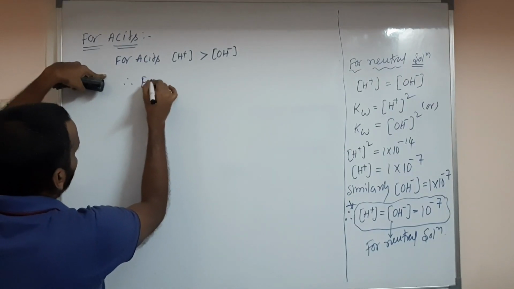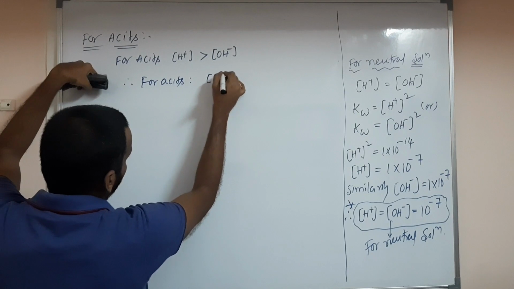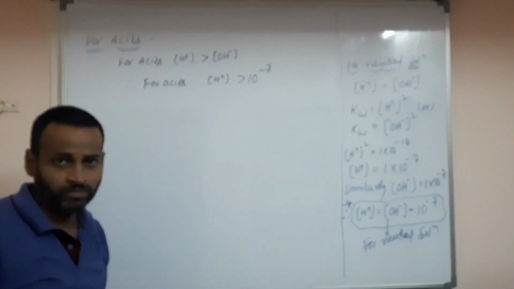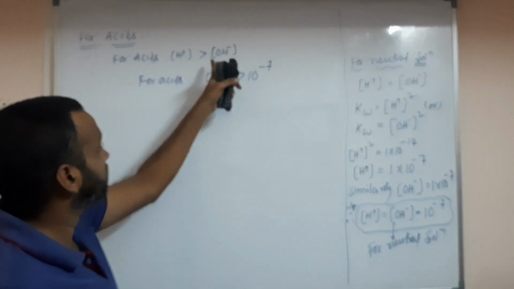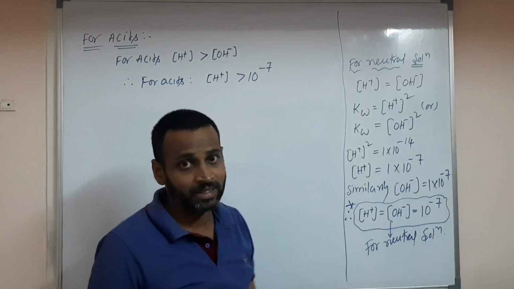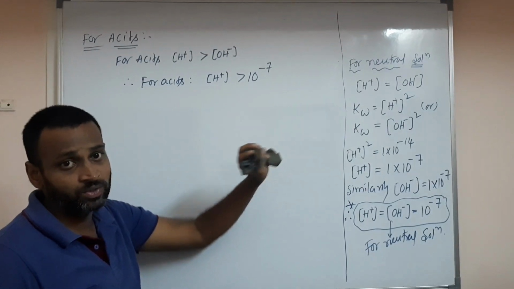Therefore, you can write for acids, concentration of H plus is greater than 10 power minus 7. Because actually, concentration of H plus is equal to concentration of OH minus is equal to 10 power minus 7, but here concentration of H plus is greater than OH minus concentration.